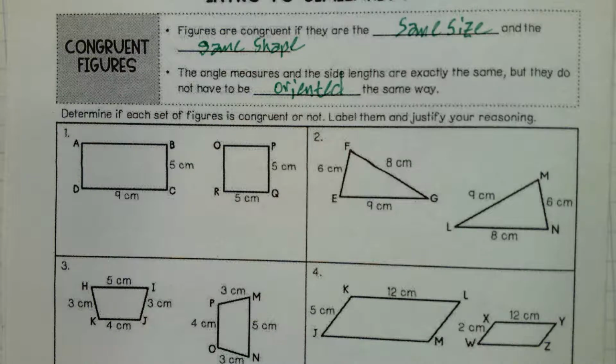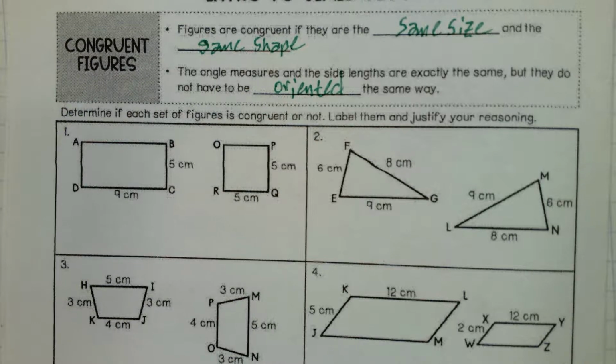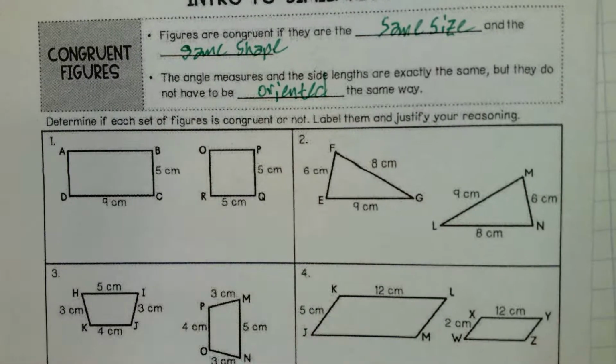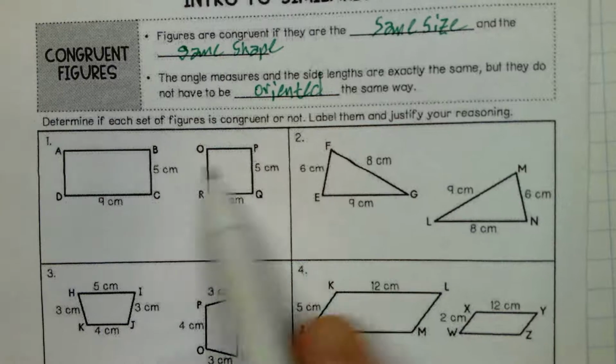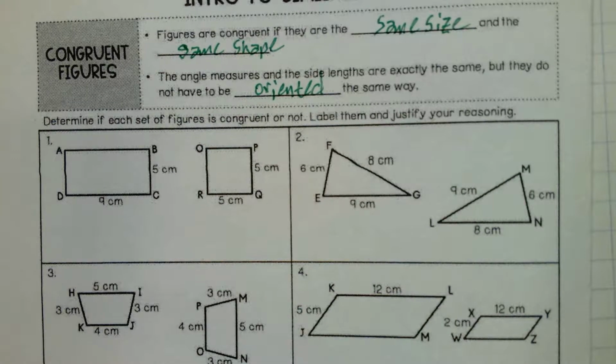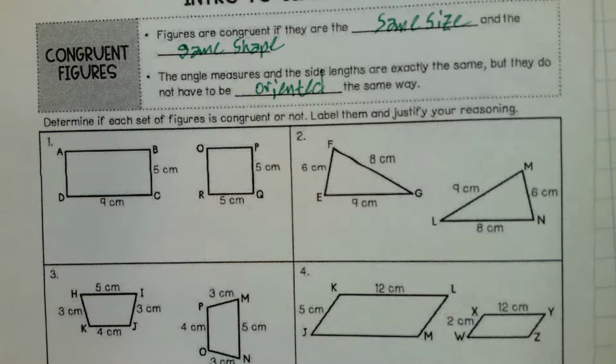Determine if the set of figures is congruent or not. Label them and justify your response. So here's what we're looking for. Let's look at the first one together. So do we want to know if ABCD is congruent to OPQR? Obviously not.